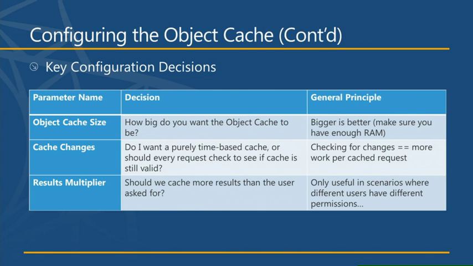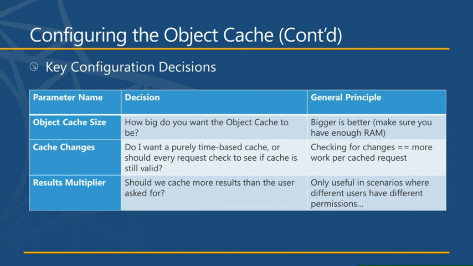If it's acceptable for changes to a product page to have a period of time where you might be seeing the old version of the page, then a time-based cache is appropriate. Fundamentally, every time we check the cache for changes, i.e. we do a cache invalidation, we're going to be doing more work, so more impact on the CPU.